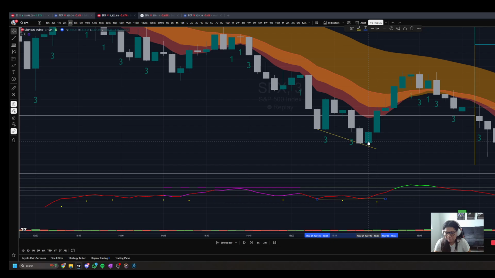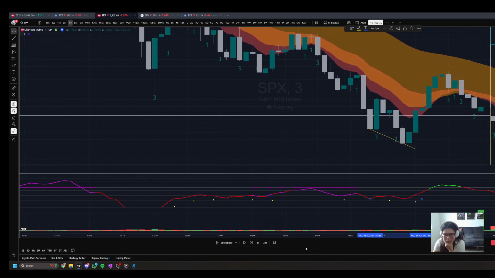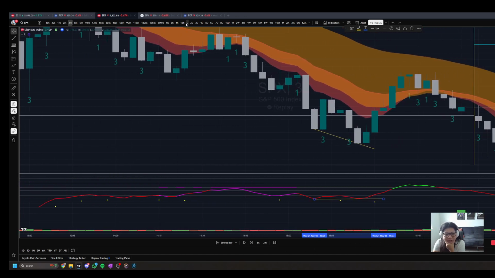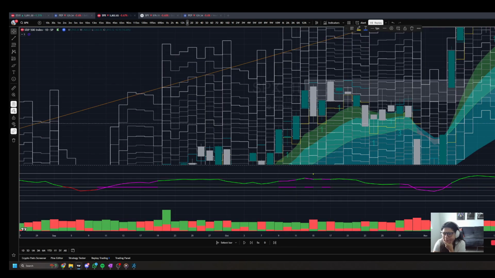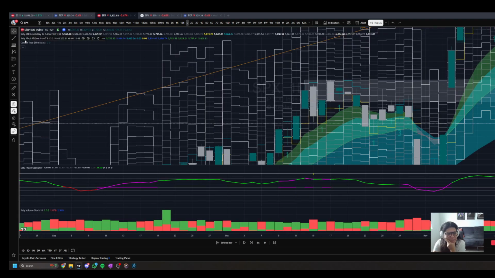And as you can see, the last 30 minutes or so, the market started to move. And like I said, you can use them throughout the day as well, any time frame. The bigger the time frame, the more likely the bigger the move.